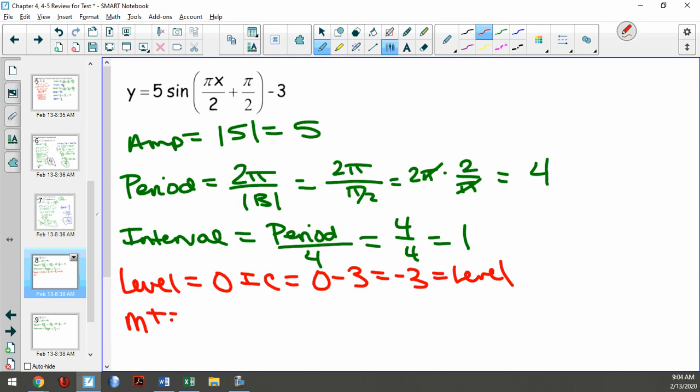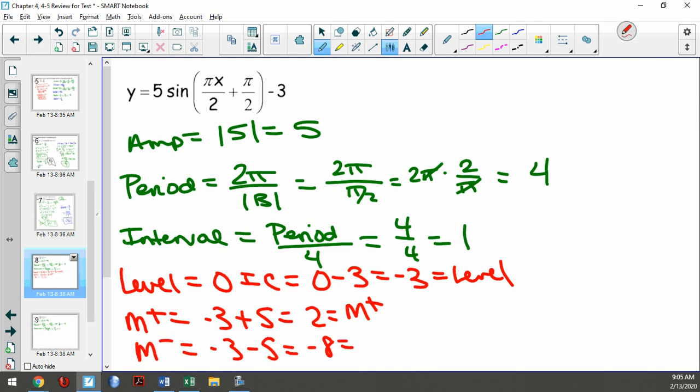Then I'm going to find my max, which is my level plus my amplitude, which gives you a 2. Then I need to find my minimum, which is my level minus my amplitude, which is a negative 8. So now I found my max, level, and min. Are we all good? Okay. What do I do next?